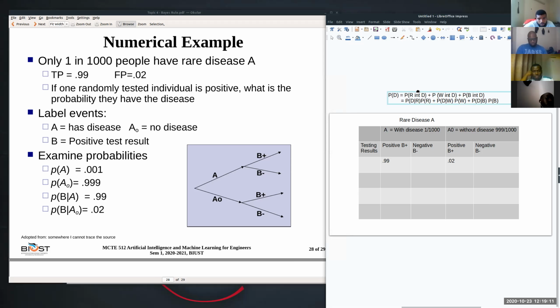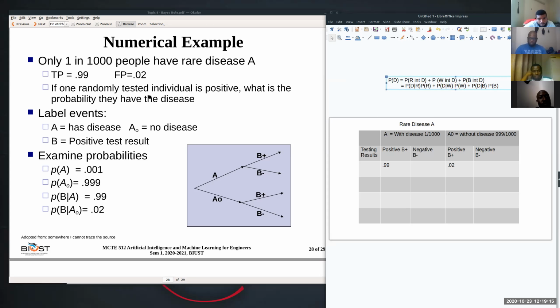The question here is, if one is randomly tested, what is the probability that the person has the disease, given that they tested positive?